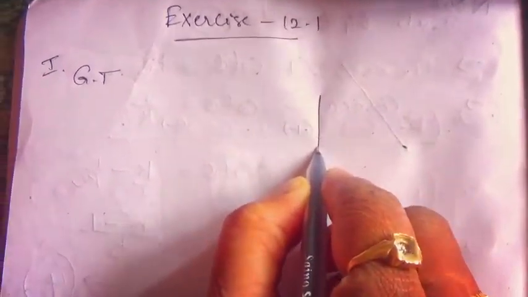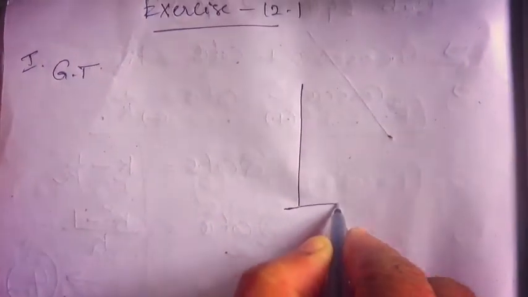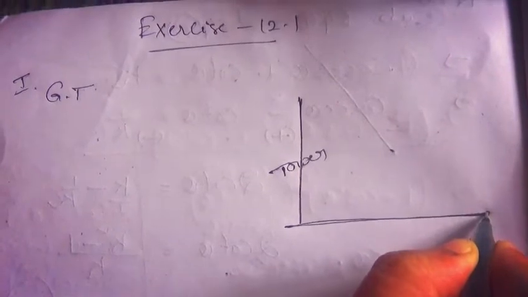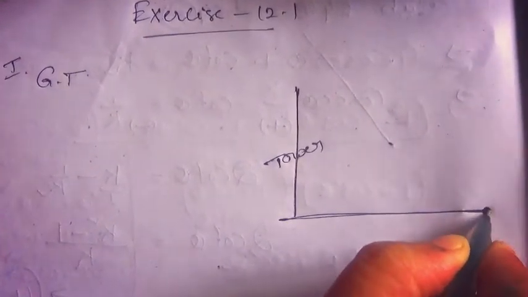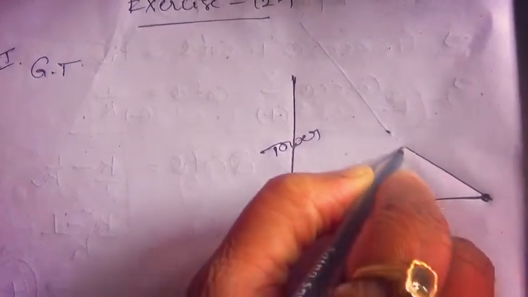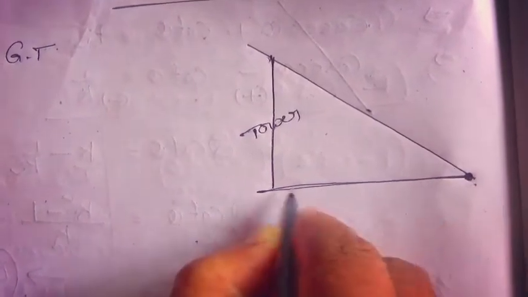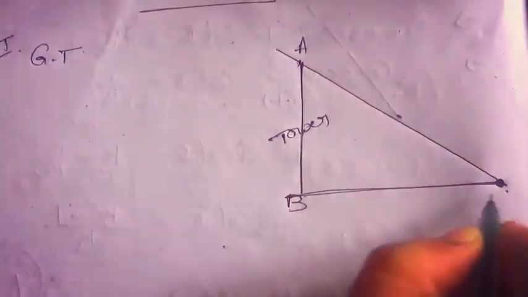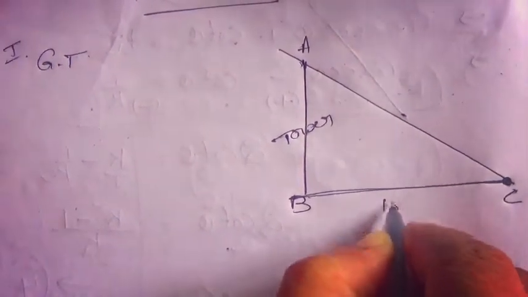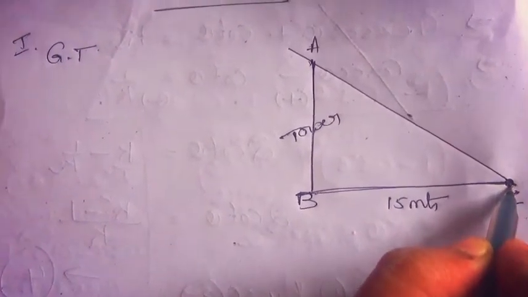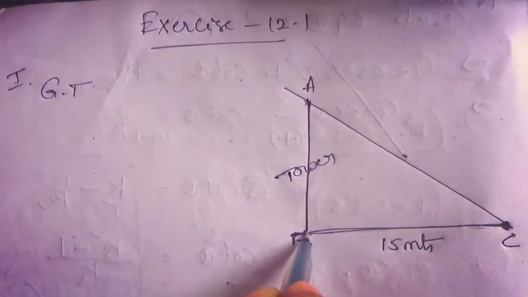The tower stands vertically on the ground. It is the ground. The point from which we are observing the top of the tower, just assume it is C. The point C is 15 meters away from the foot of the tower.